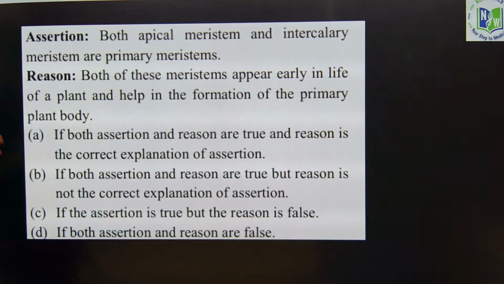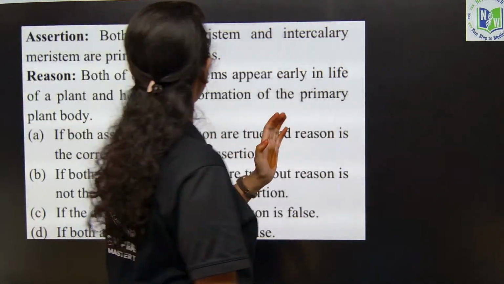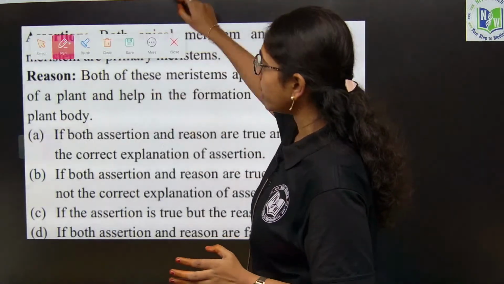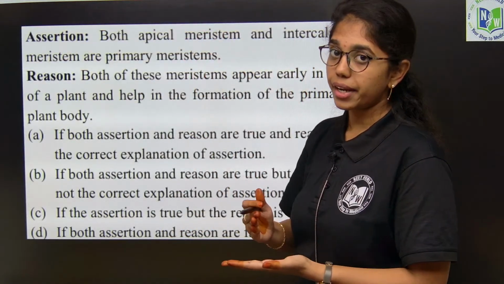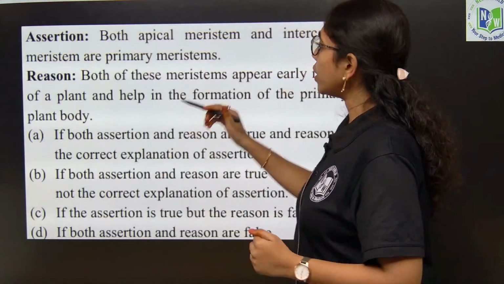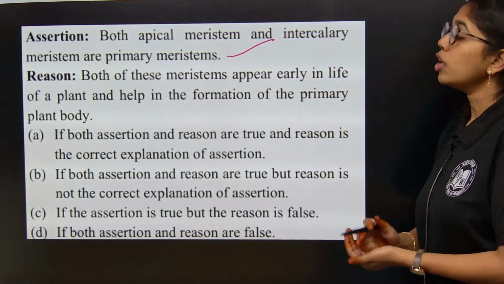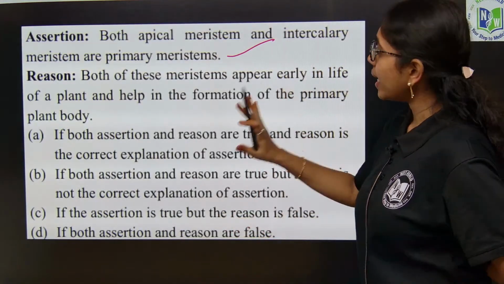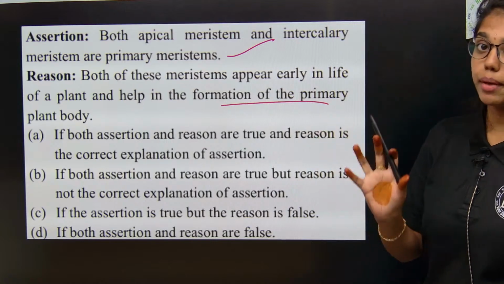Assertion reason type of question. Okay. So both apical meristem and intercalary meristems are primary meristems, which help in the formation of primary plant body. And if you see in the reason, both these meristems appear early in the life of a plant and help in formation of primary plant body.